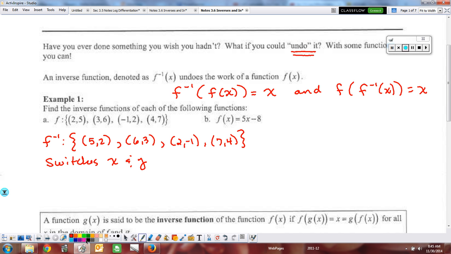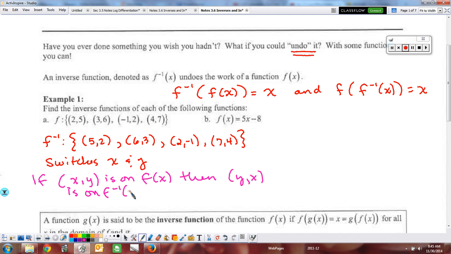The idea is that if we know that (x, y) is on f of x, then (y, x) is on f inverse of x.